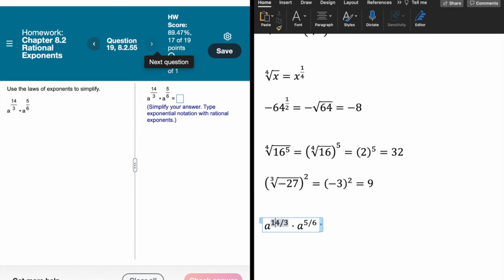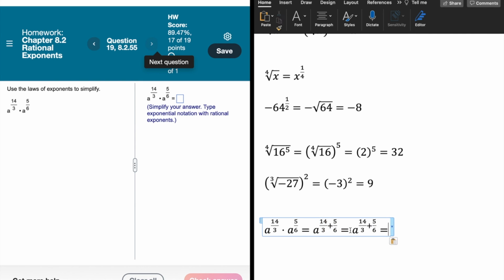Well, the idea is when you are multiplying bases that are the same, you're allowed to simply add those exponents. And we've kind of seen that before, so that means I've just got 14/3 plus 5/6 in the exponent. Well, the problem with that is that you can't add fractions that don't have the same denominator, so I need to find common denominators.